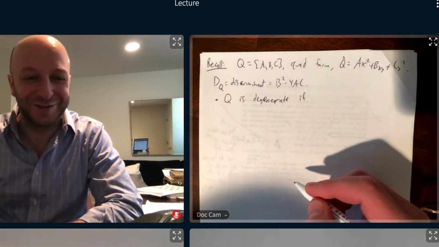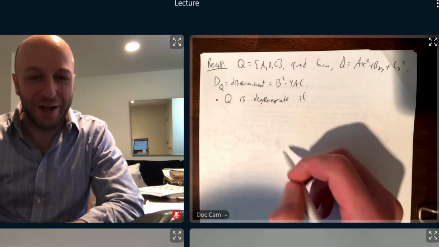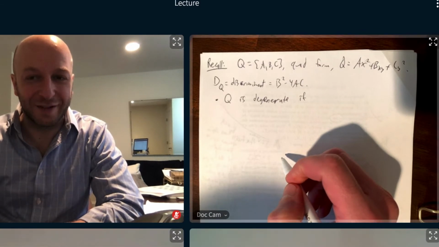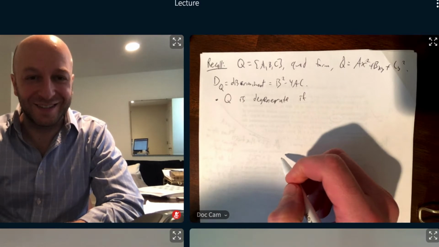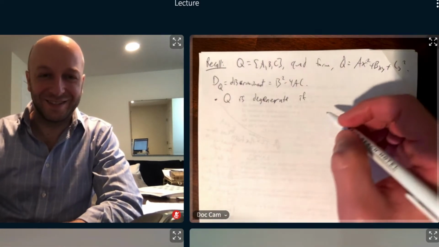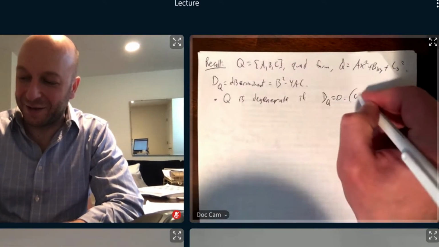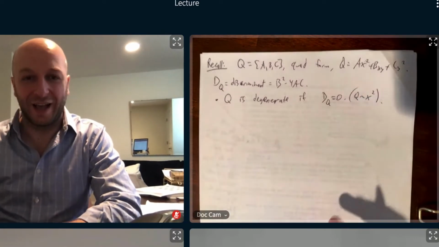Q is degenerate if the discriminant is 0. Then Q is like x squared and not x squared plus y squared.